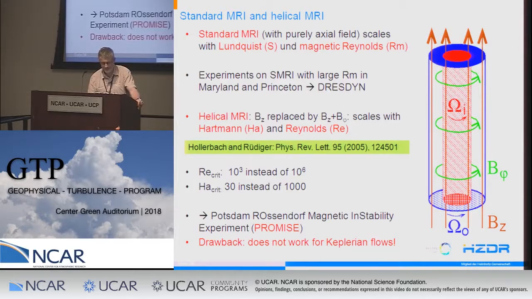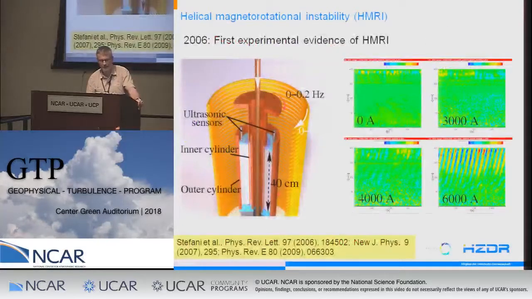And learning this, we immediately started to build our PROMISE experiment, which works not with liquid sodium, but with gallium indium tin. And you see here a typical experiment. We are working in a really stable regime, and here we have applied already an axial magnetic field produced by this yellow coil here, and then we are cranking up the current in the middle, which gives us an increasing azimuthal magnetic field.